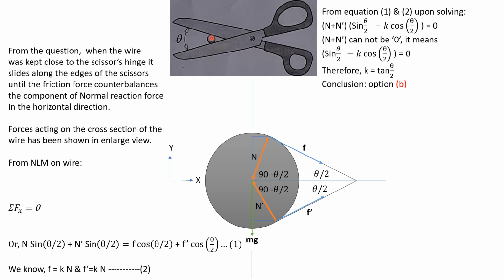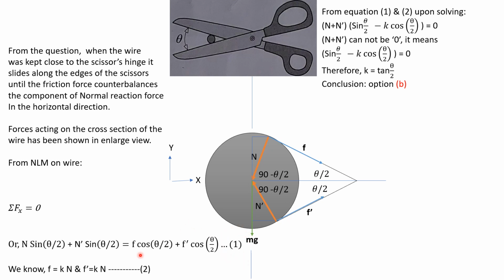It means the components of forces acting in the negative x direction should be equal to the components acting in the positive x direction. In the negative x direction, from the diagram, N sine theta by 2 plus N dash sine theta by 2, and in the positive x direction, the components of friction forces, F cos theta by 2 plus F dash cos theta by 2. This we call equation 1.